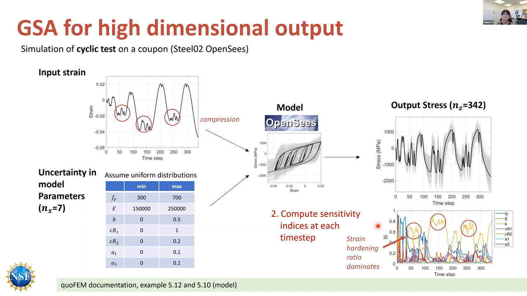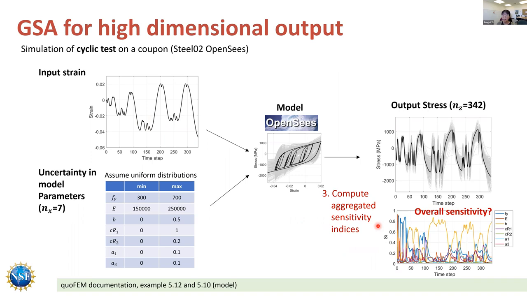However, when you want to do decision making, then probably you will want to have more compact, maybe single, sensitivity index values that can represent the overall behavior throughout the time steps. And then we can average out the sensitivity at different time steps.